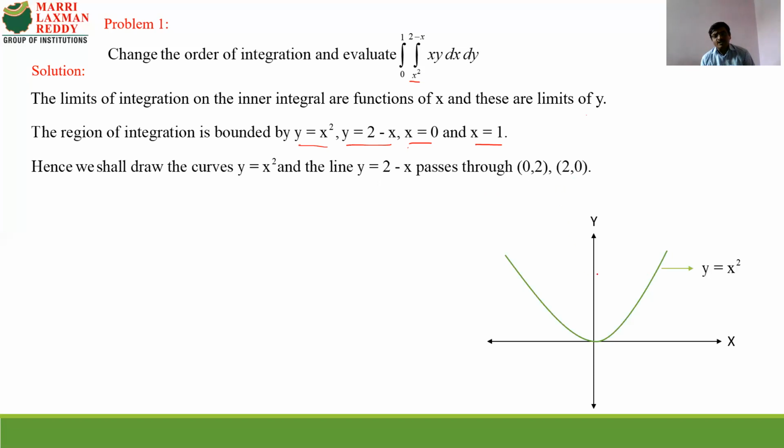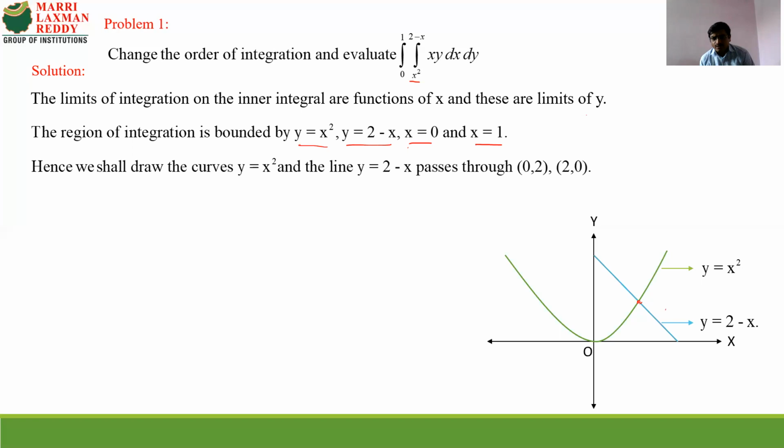This is the straight line whose equation is y is equal to 2 minus x. Now this is the origin 0, 0. Now if we observe this line and the parabola curve, they intersect at this point.